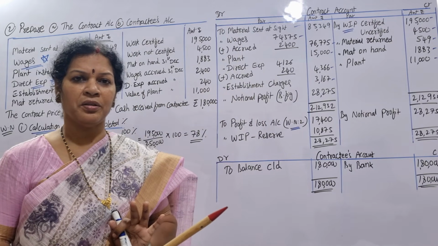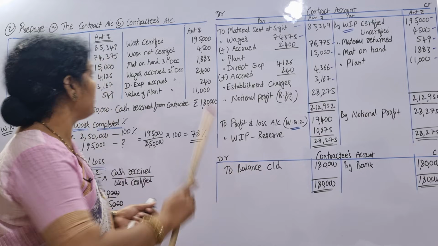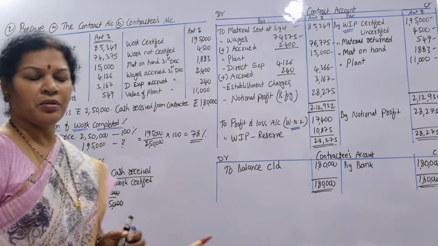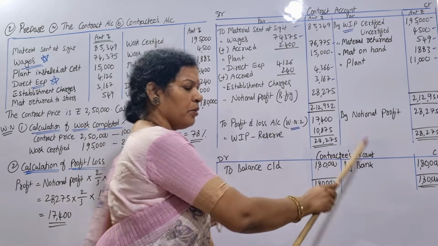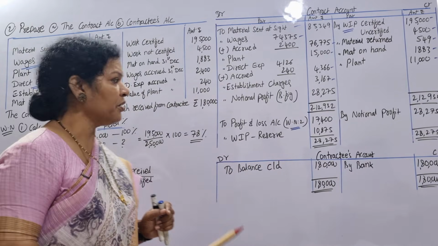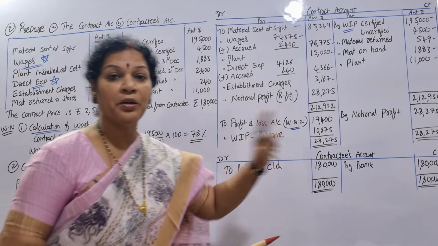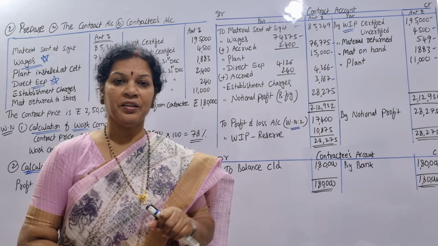If you understand the contract account, we have to prepare one more account. What is that? Contractee's account. Contractee's account is very simple. What do you write? Cash received from contractee, 1,80,000, on the credit side. What is the entry?